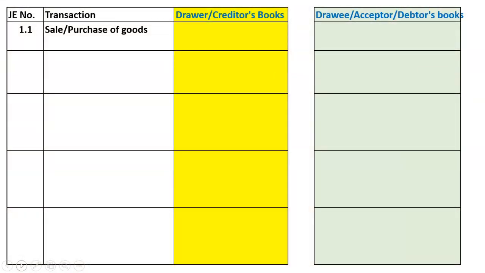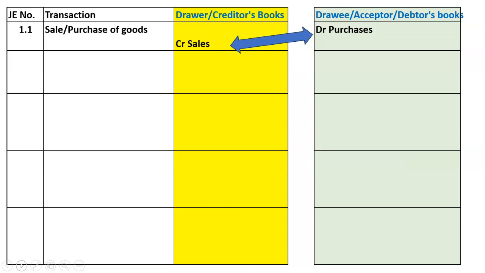For the drawer or the seller, it is a sales on credit. As we know, sales is revenue, therefore, an increase in sales is credited. For the drawee or the purchaser, it is a purchase, which is by nature an expense or a current asset called inventory. Therefore, an increase in expense or asset is a debit. So we will debit purchases.